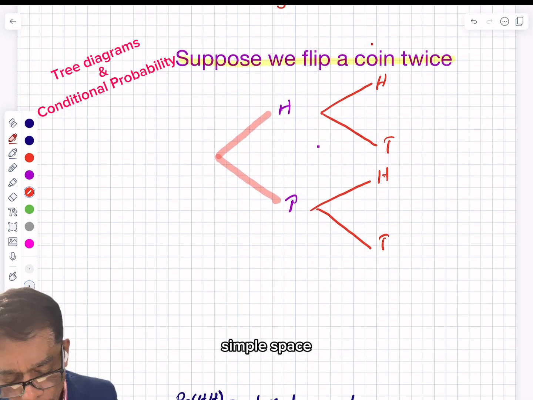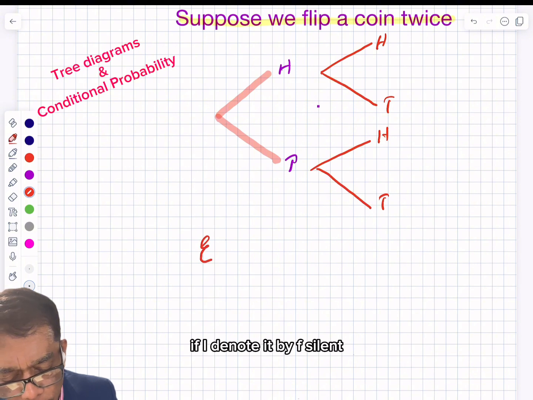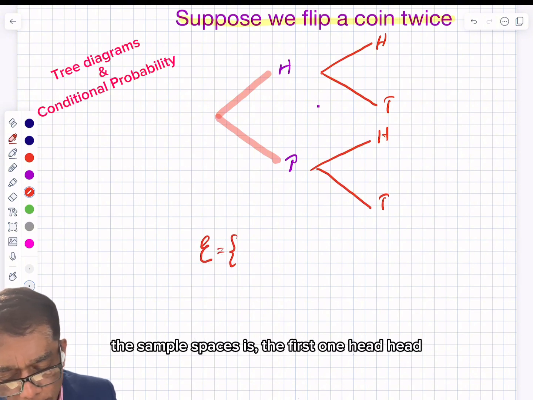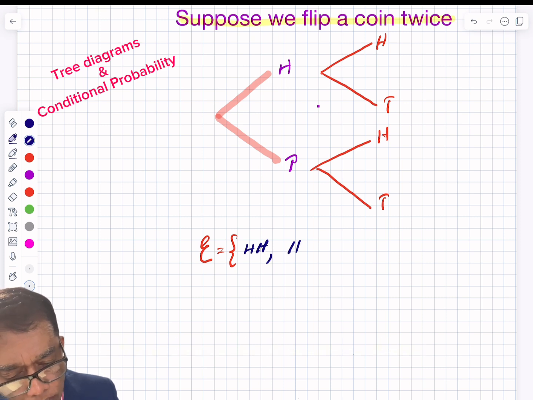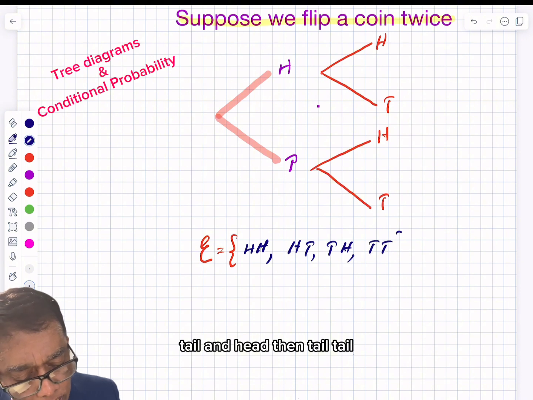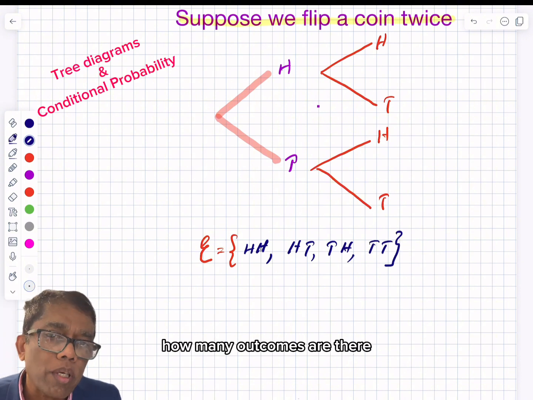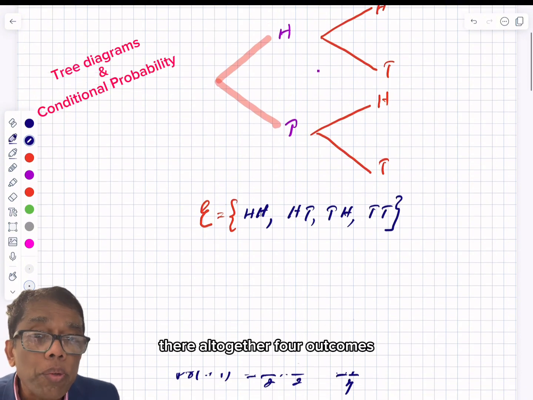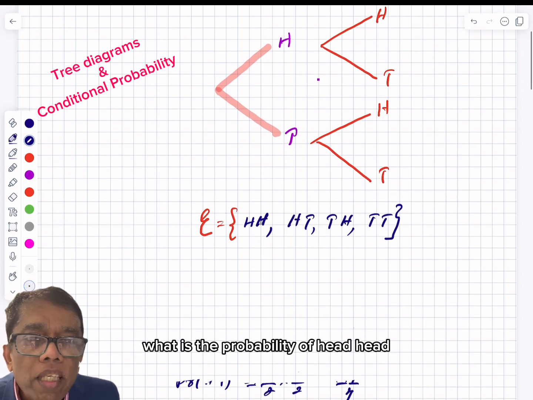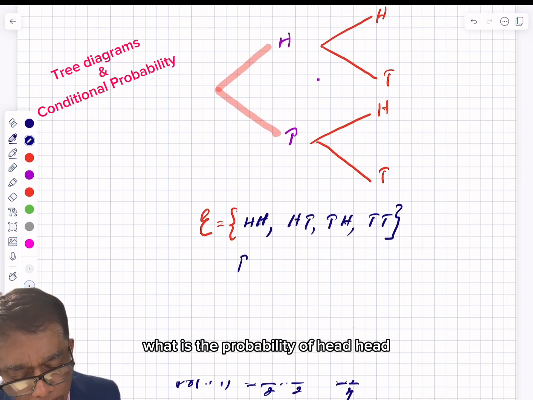If I denote it by S, the sample space is head-head, head-tail, tail-head, and tail-tail. How many outcomes are there? There are altogether 4 outcomes.